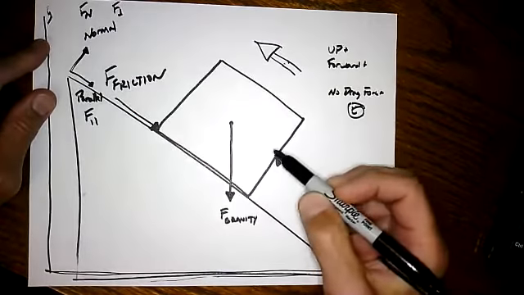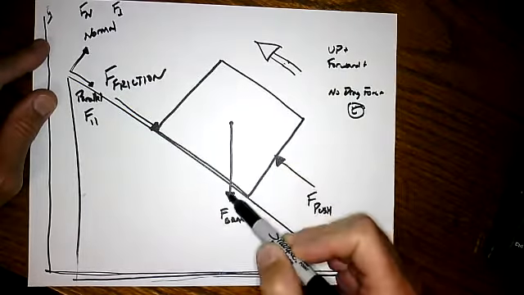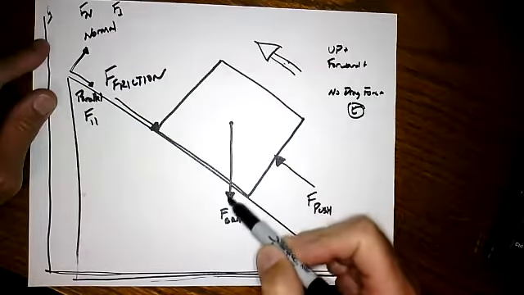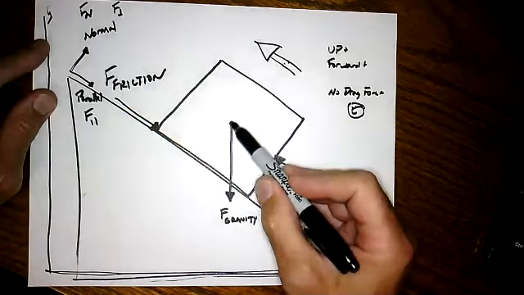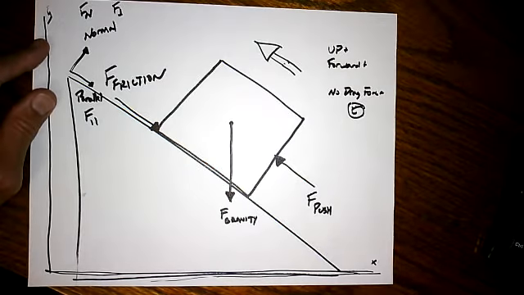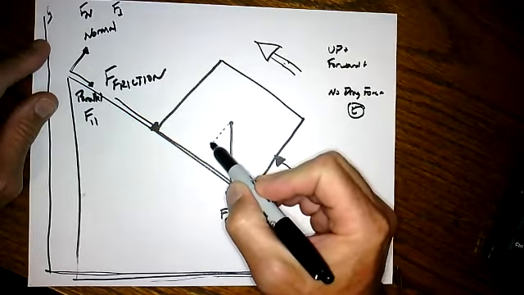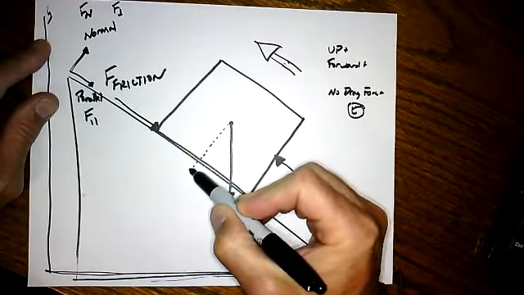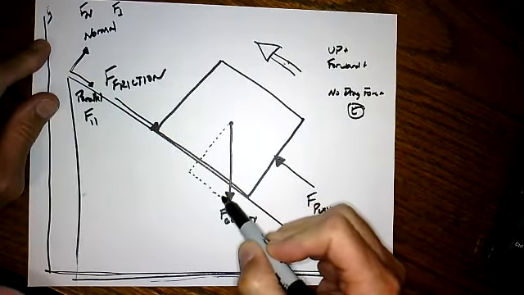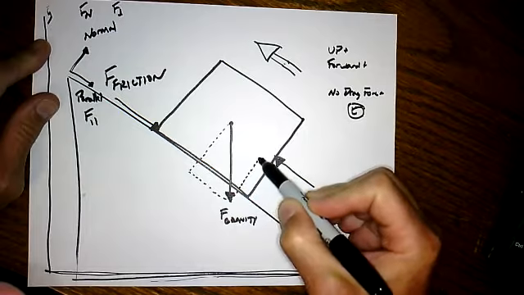The way I remember to do this is I draw a box around the force vector so that the two corners of the box that are opposite to each other are on the tail and the tip of the force vector. I'll draw it in dotted line to begin with. So here's my box. And the box has 90 degrees between each of these lines. It's a rectangle in this case.